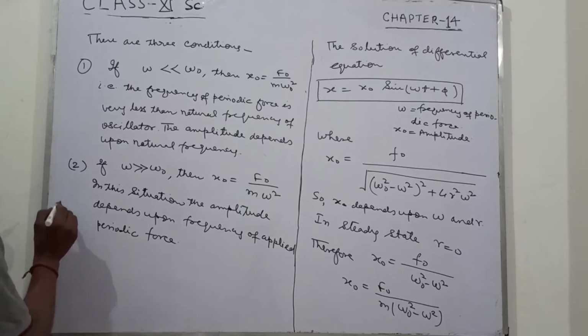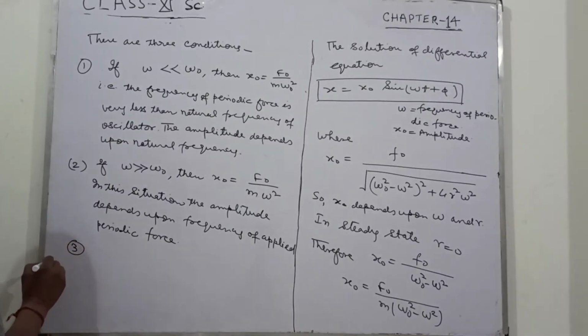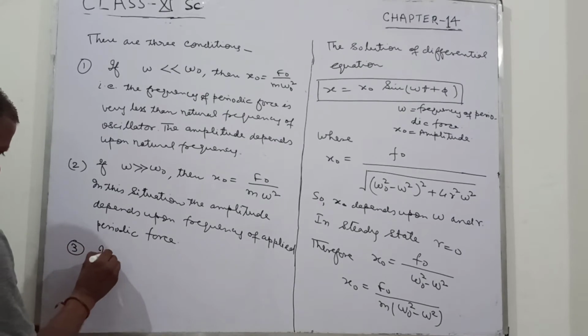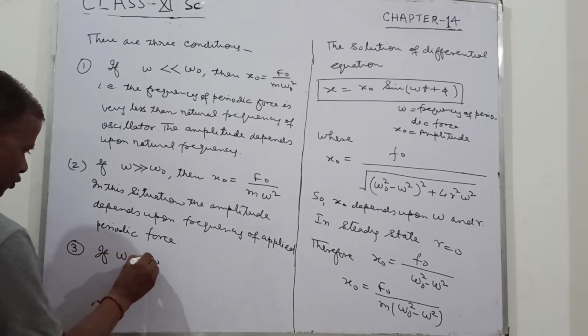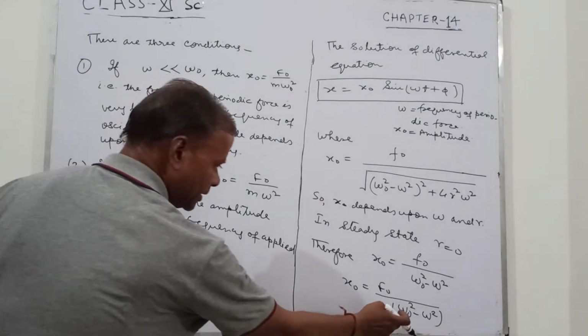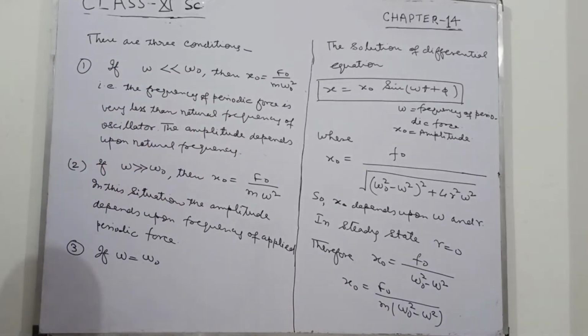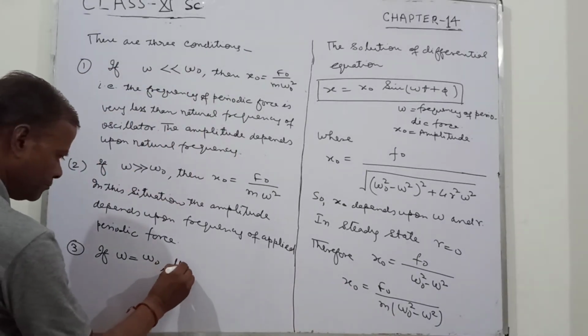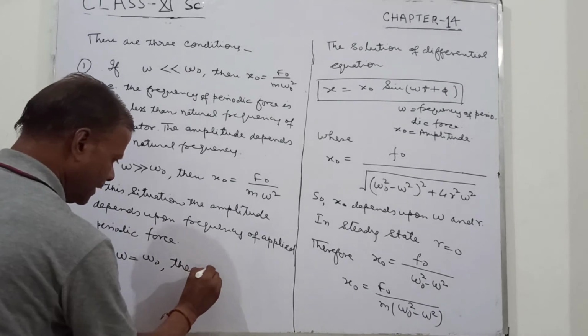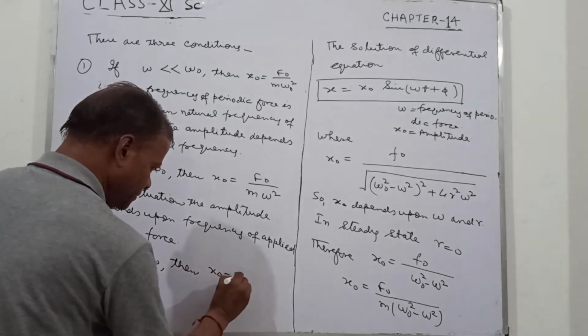And third, if omega is equal to omega naught, then x naught is equal to maximum.